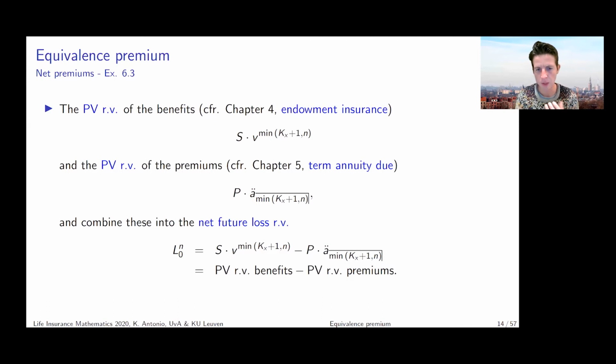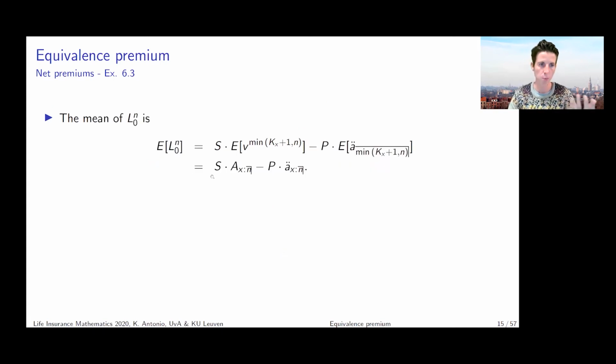Now, how can I get the expression for P, the premium, out of this random variable? Well, what I'm going to do is step from the random variable to its expected present value. And I'm going to say which premium should I charge such that the expected future loss is equal to 0, such that there is equilibrium between the EPV of the benefits and the EPV of the premiums. So that's my next step, calculating the expected future loss value.